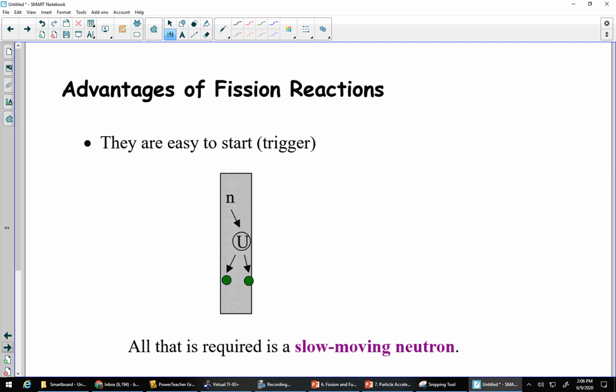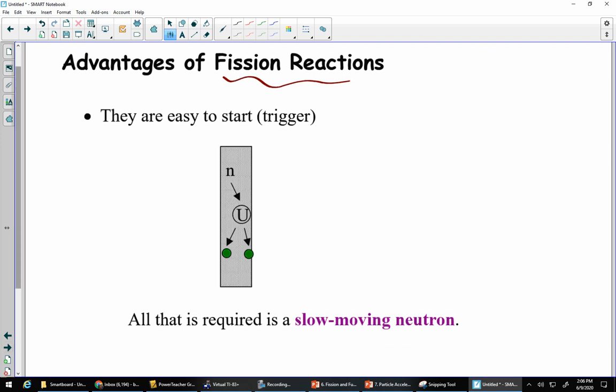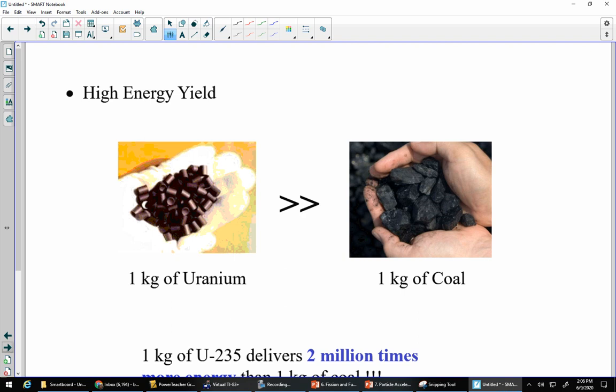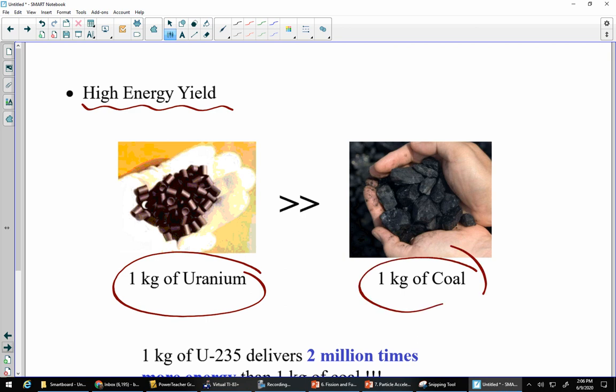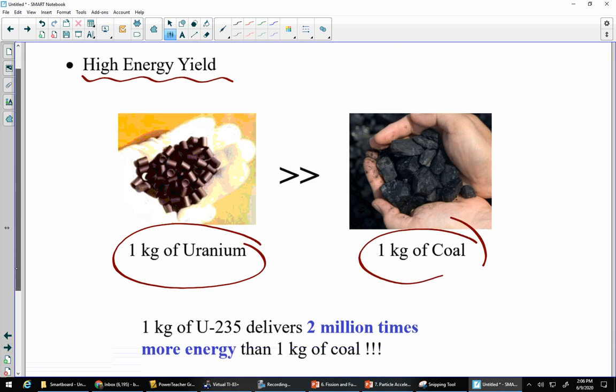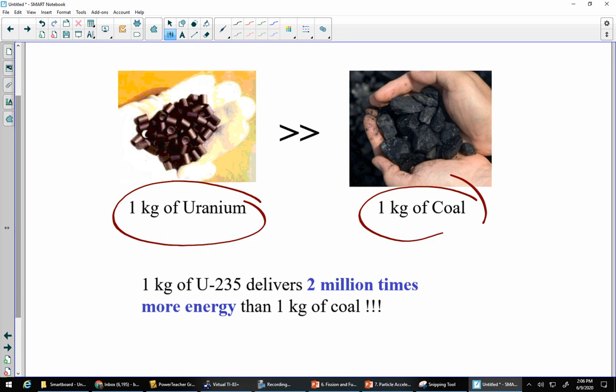So here's some advantages of fission reactions. Some nice things about these fission reactions. They're pretty easy to start. They're kind of easy to control as long as people know what they're doing. They have a ridiculously high energy yield. 1 kilogram of uranium provides about 2 million times the amount of energy that 1 kilogram of coal provides, which is crazy.